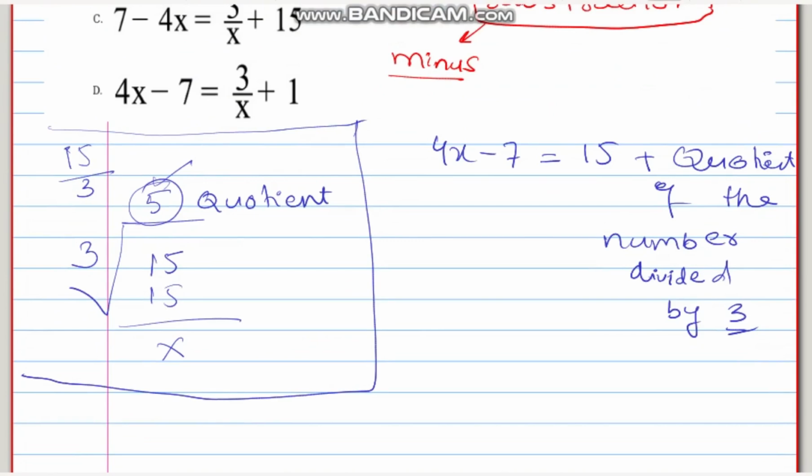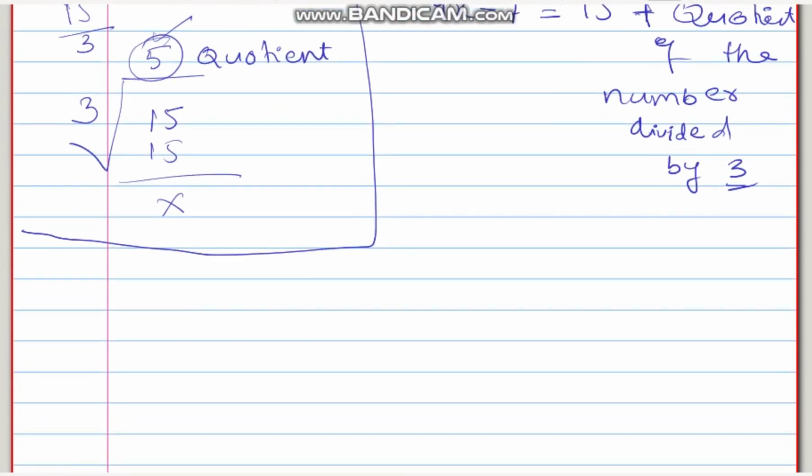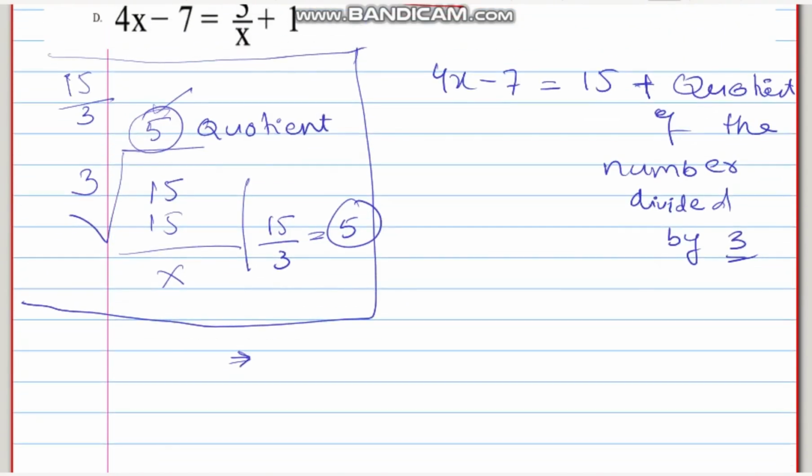Let me explain the question again. If you write something like 15 by 3 in this form, you will directly get the quotient. Someone writes 15 by 3 and he will get 5. So basically you will get the quotient of the number directly. So if I want to find the quotient of the number, what is the number here?